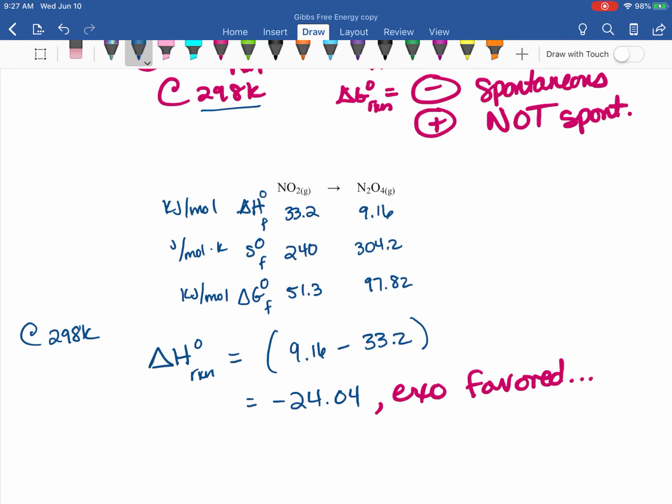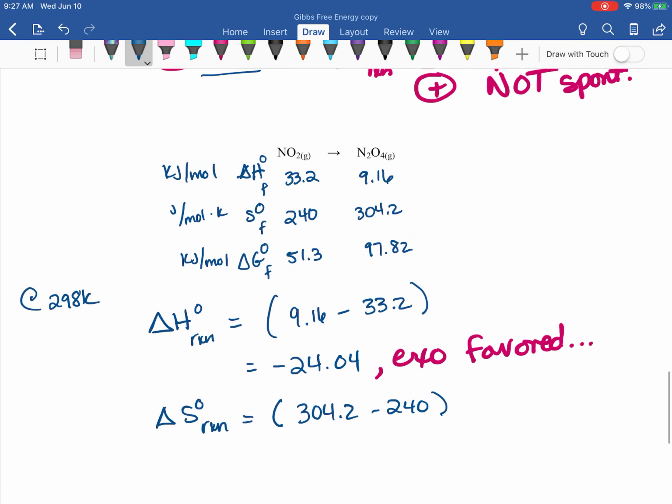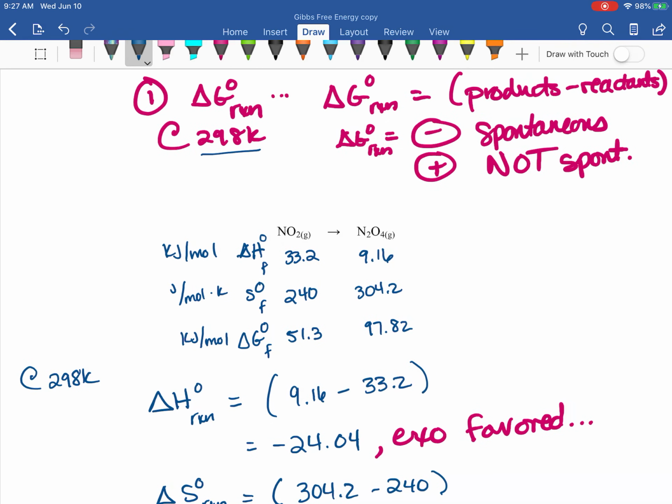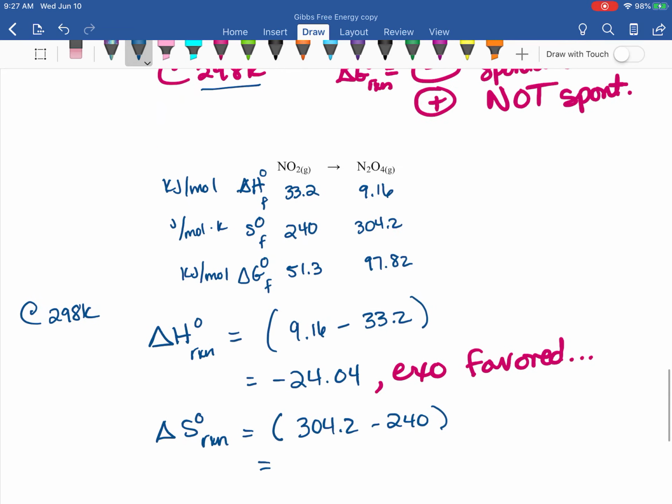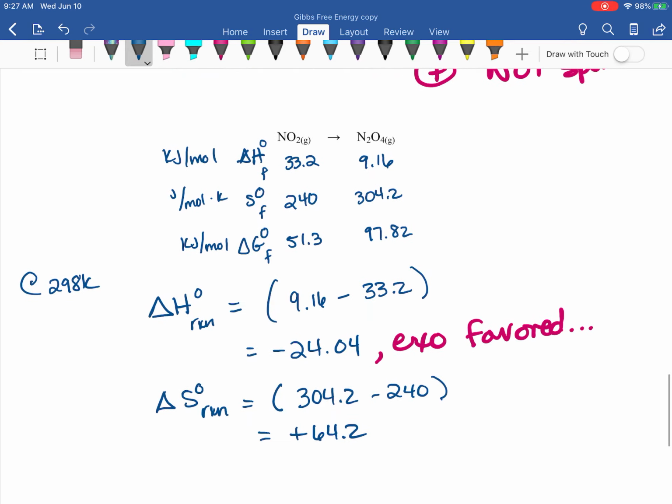All right, let's do the same thing for our delta S. So our delta S then is going to be 304 minus 240. And let's do that math really quick. I am getting a positive 64.2.